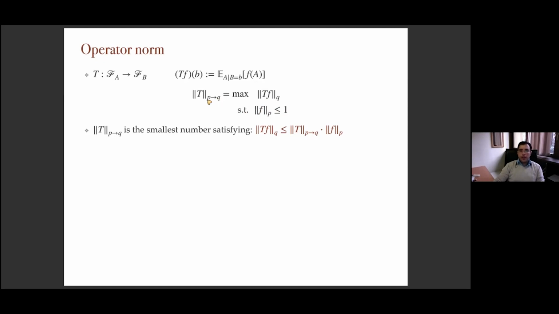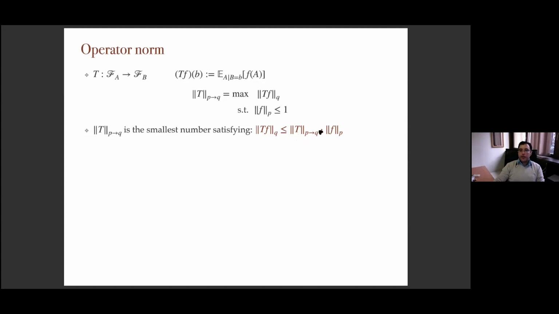So you are considering the image of F, and the Q norm of the image of F. Remember that in the P to Q norm, Q sits in the image and P sits in the pre-image. So we compute TF, the image of F under this map, take its Q norm, and then compare it to the norm of F itself.